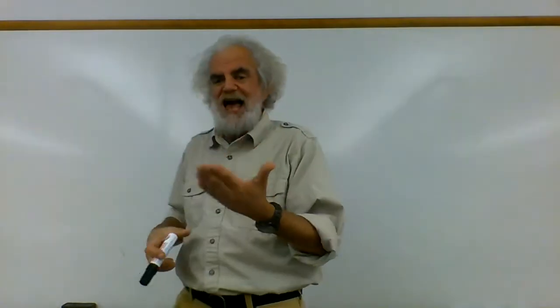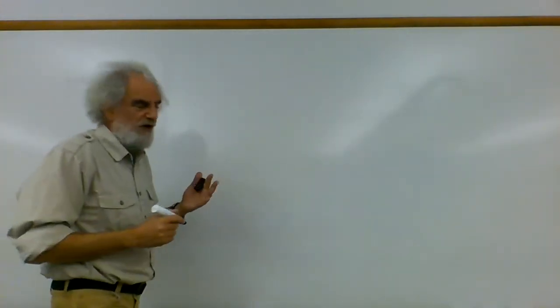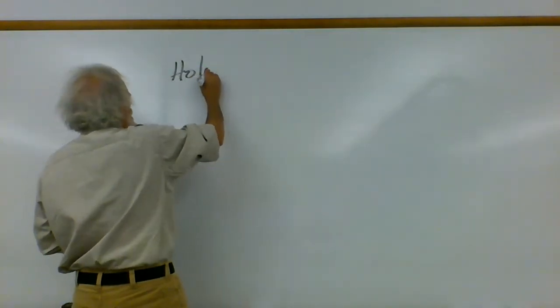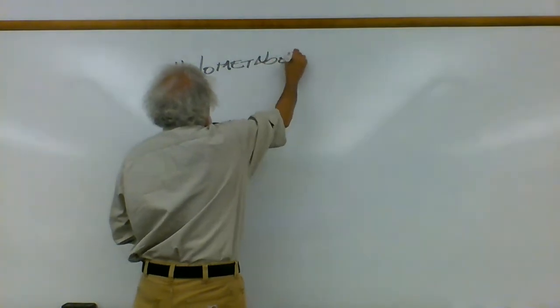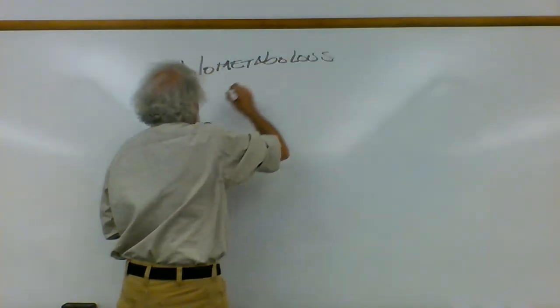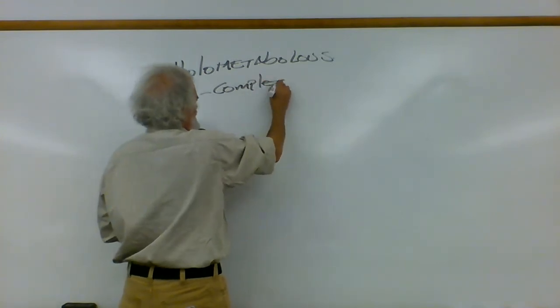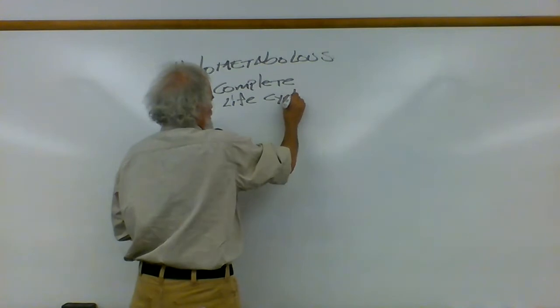Well, this class of insect and this sort of lifestyle is referred to as being holometabolous, meaning that it has what we call in the insect biz a complete life cycle.